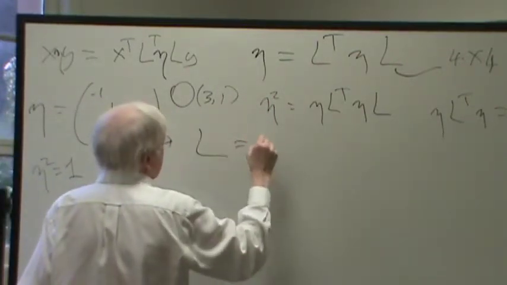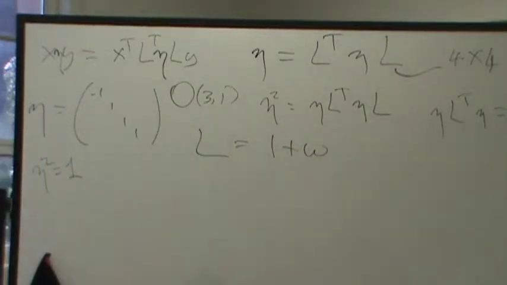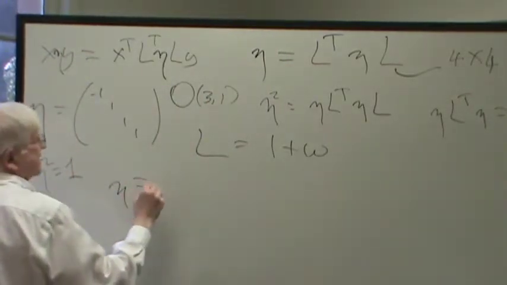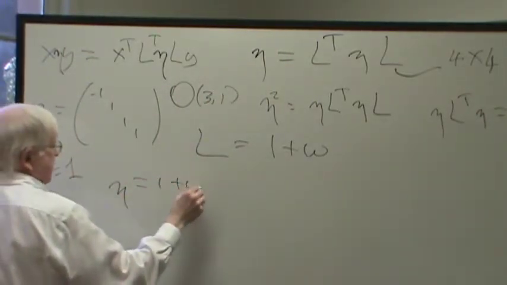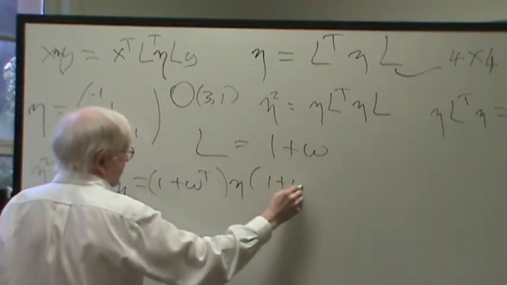Let L be 1 plus omega, where omega is infinitesimal. Then this requirement is eta is (1 plus omega transpose) eta (1 plus omega).